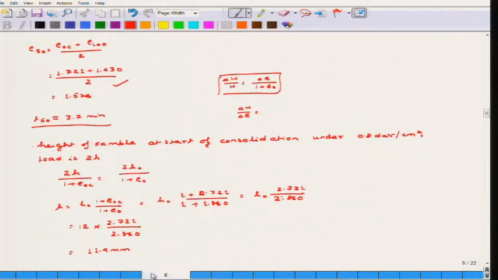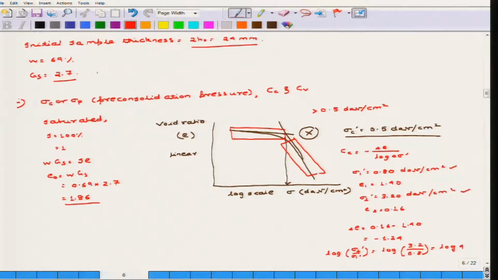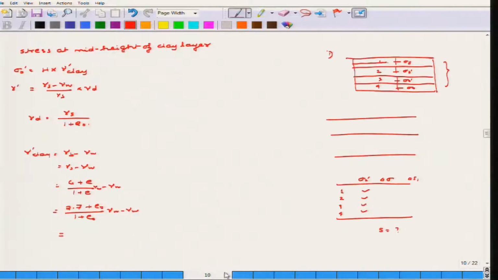Now, e naught for the problem has also been given, 1.86. So, (2.7 plus 1.86) divided by 2.86 into 10 minus 10, which comes out to be 0.594, because remember I am doing all calculations in daN per centimeter cube.